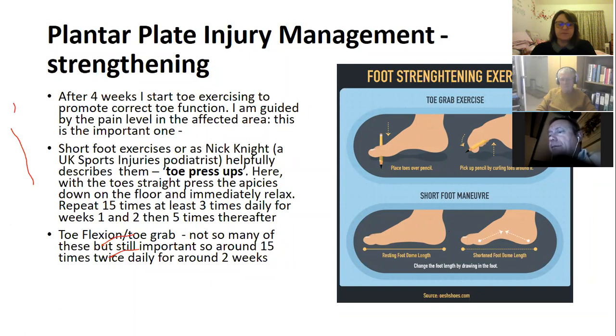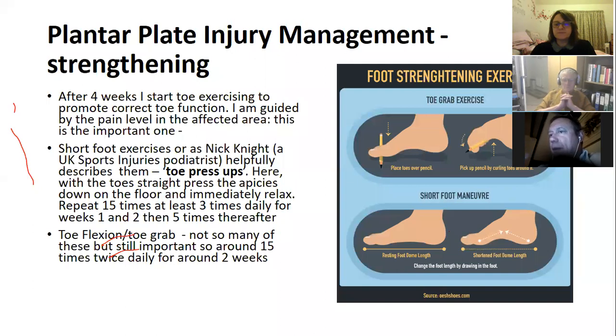And these are the two I like to give. The bottom one is the most important one. Again, I draw on Nick Knight's term because I quite like this. He calls them toe press-ups, or it could be known as short foot exercising, or foot doming is another term used. Basically, you hold your toes out straight in front of you and you press the pads down, keeping the toes straight.